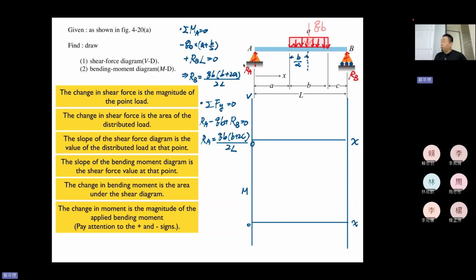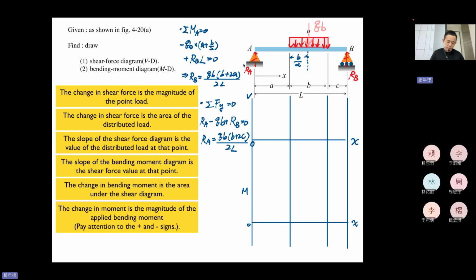Now if I were you, I would definitely know that there are 2 sections where we can draw section lines here, right? Because at this intersection, the force distribution changes, right? So there must be 3 sections, 2 section lines.